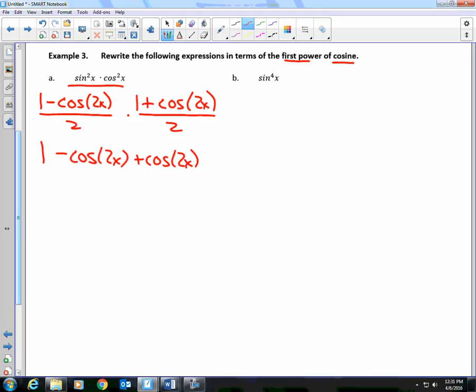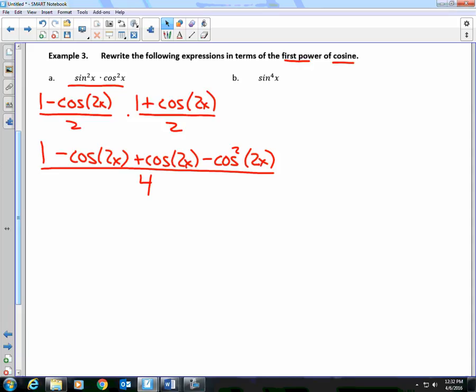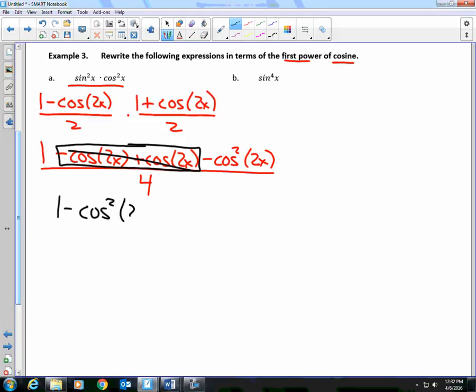And negative cosine of 2x times positive cosine of 2x is negative cosine squared of 2x, all over 4. Negative cosine 2x and positive cosine of 2x cancel because they are conjugates of each other. Therefore, we get 1 minus cosine squared of 2x all over 4.